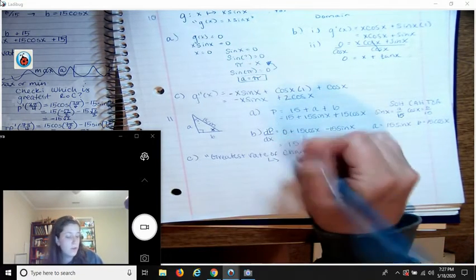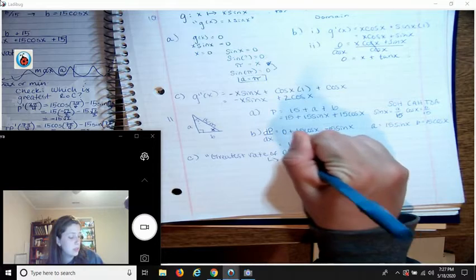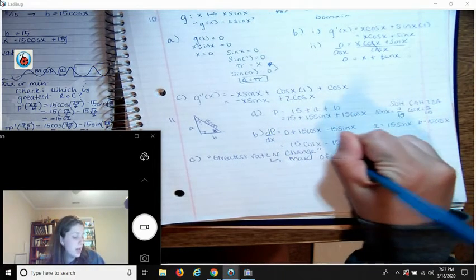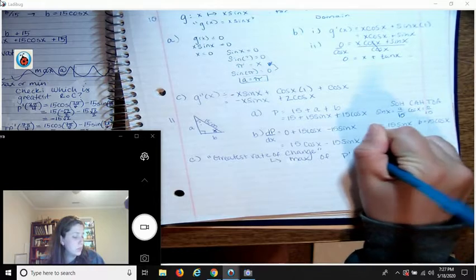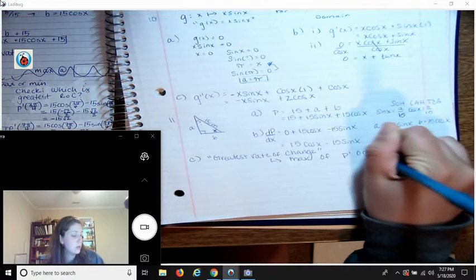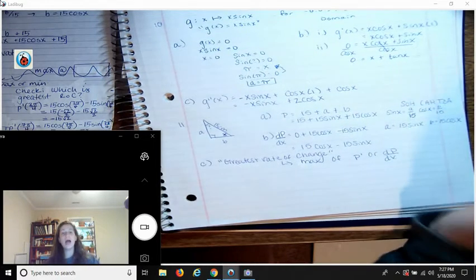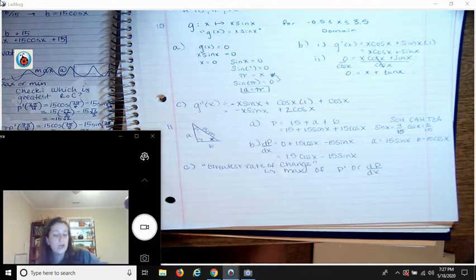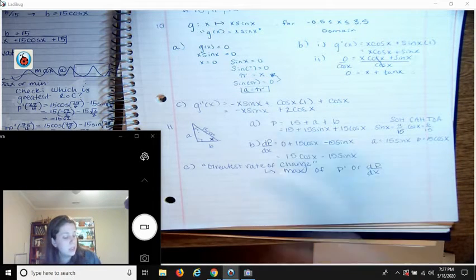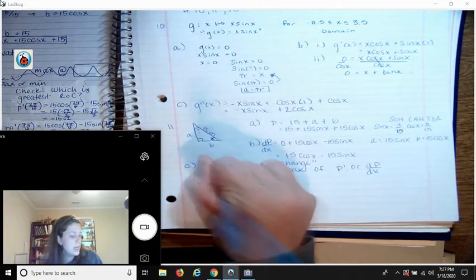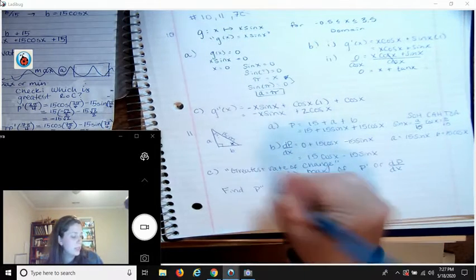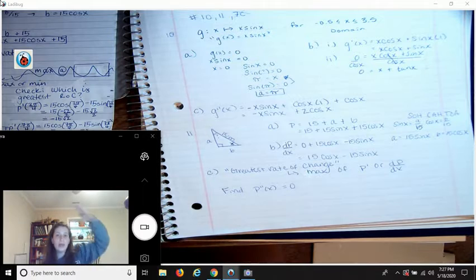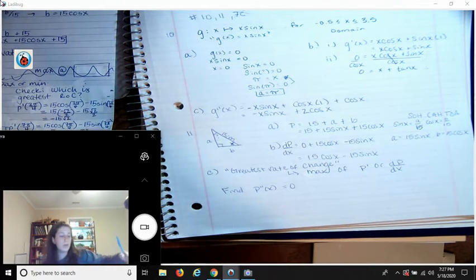So we're looking for the max of P prime, or dP/dx. We're looking for the maximum rate of change that we can get. So basically we need to find P double prime of x and set it equal to 0, because this will tell us when we've hit the stationary point on P prime.